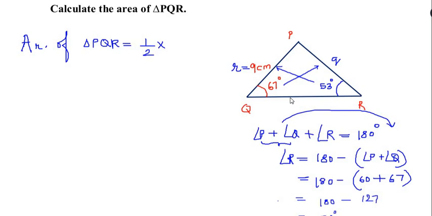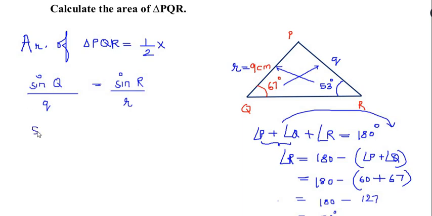So we can use the sine rule here. The sine rule can be written as sine of angle Q divided by its opposite side Q equals, since we have taken angle R, sine of R over side R.